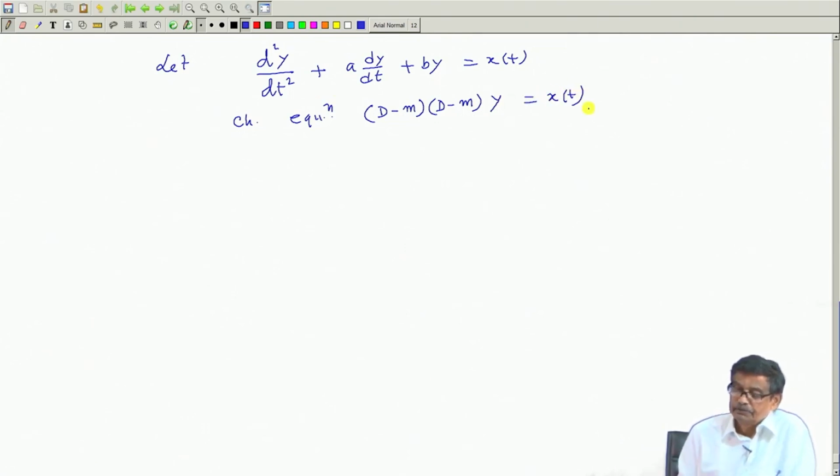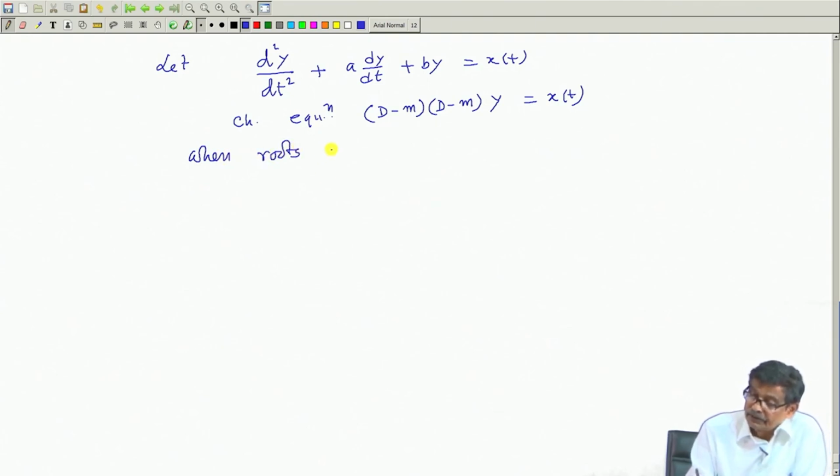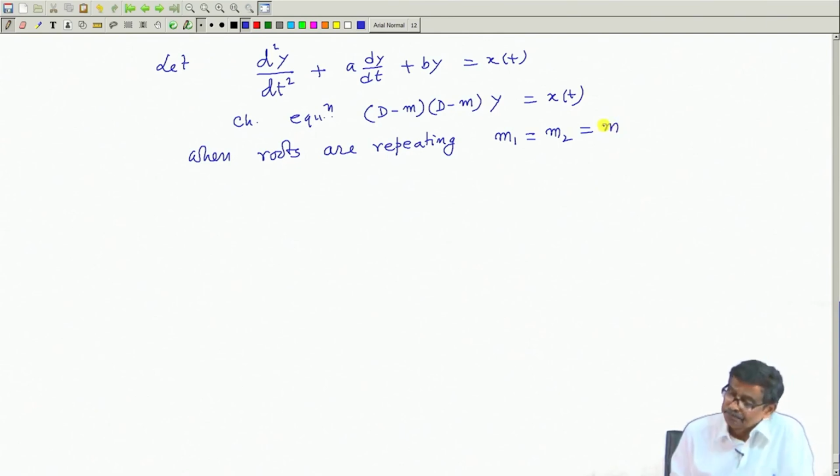Suppose the roots are repeating, that is m 1 is equal to m 2 is equal to m, such a situation takes place.